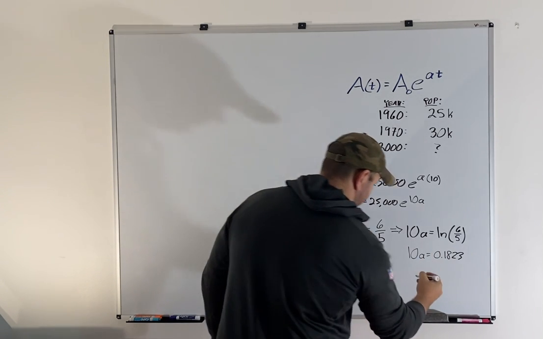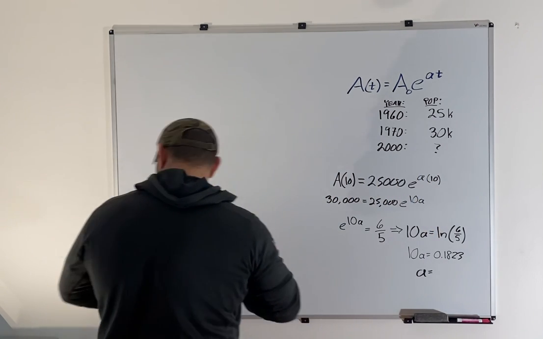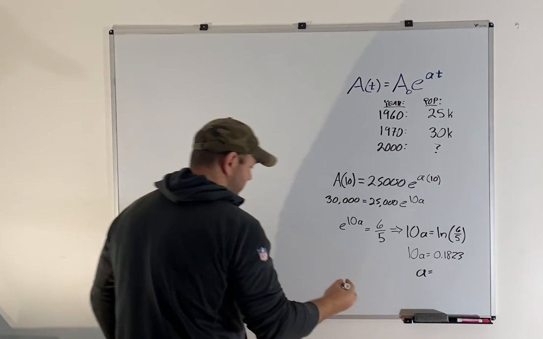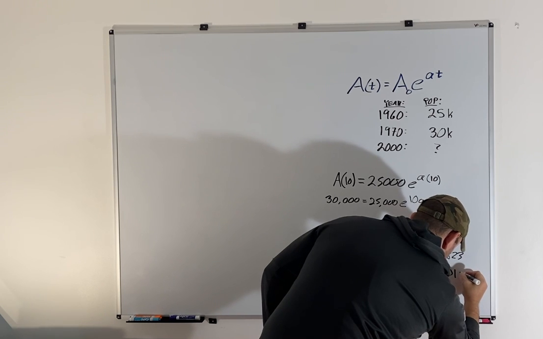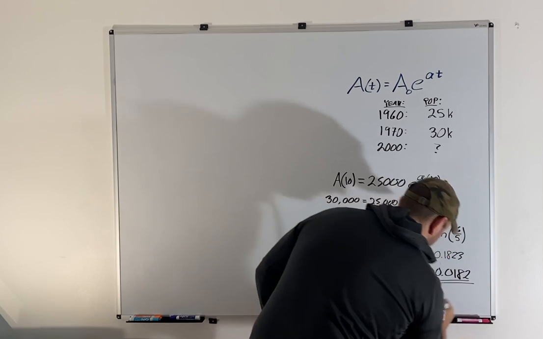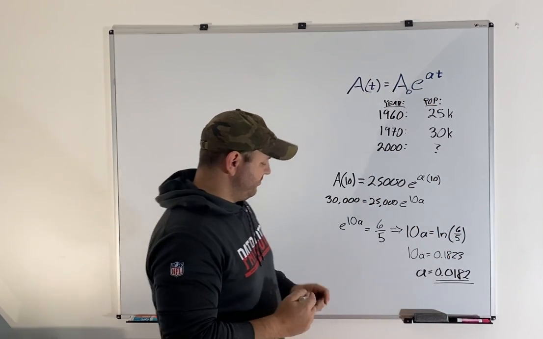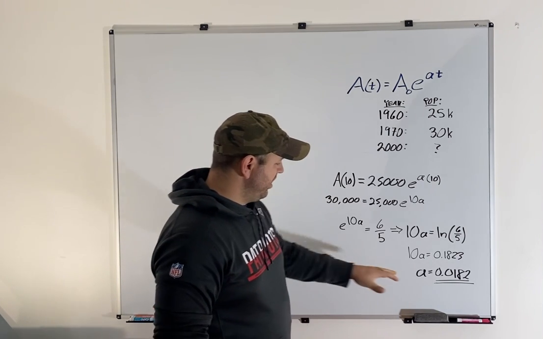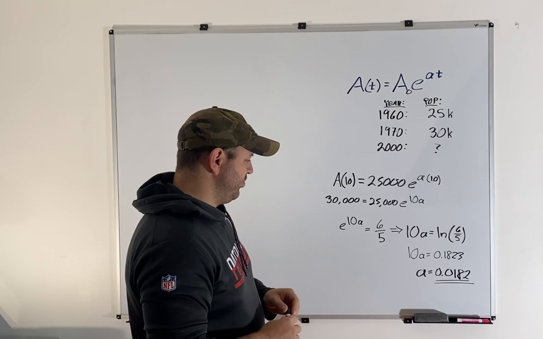We're just going to divide both sides by 10. And a is equal to 0.0182. Lowercase a was that exponential rate constant, so we know now that the exponential rate constant is 0.0182.